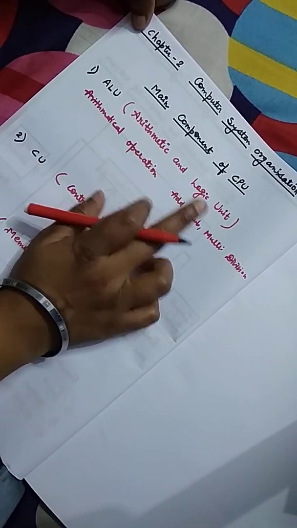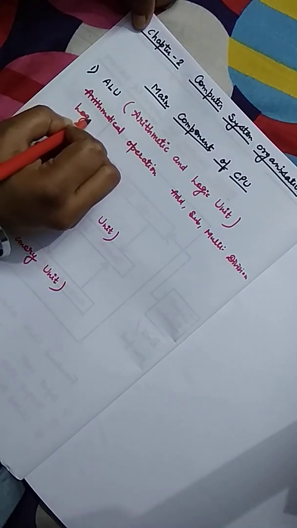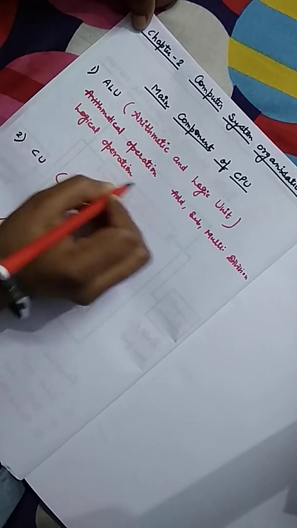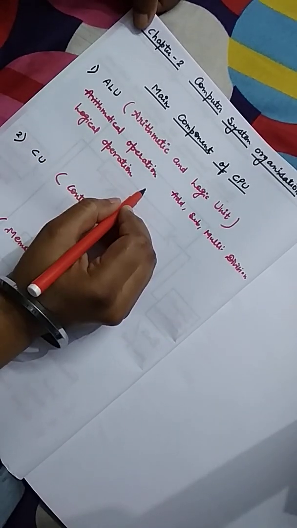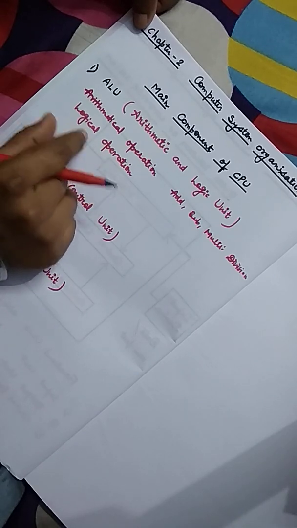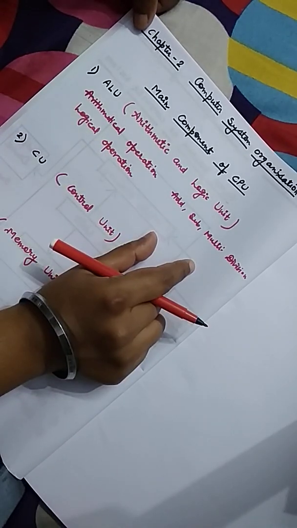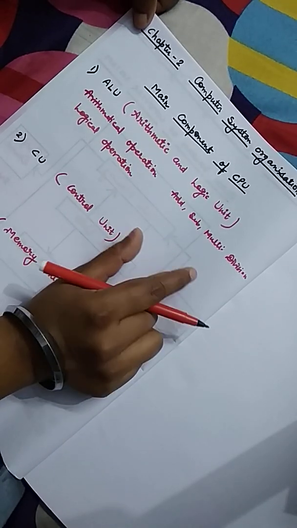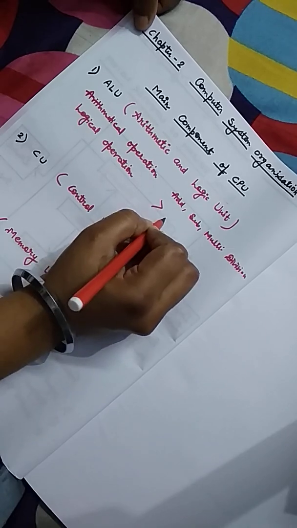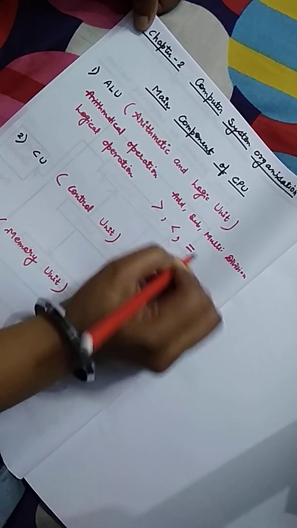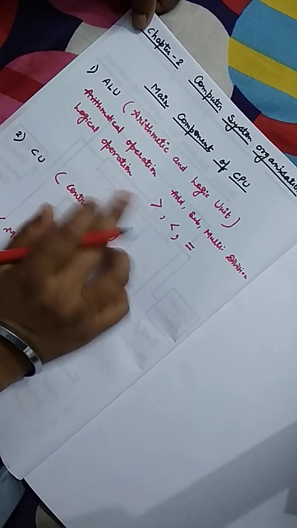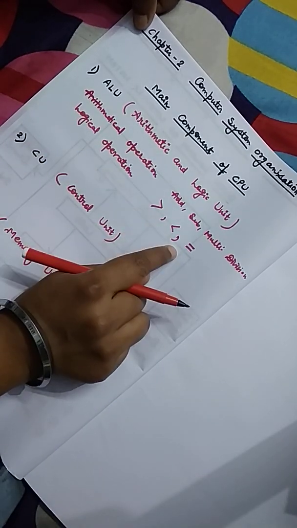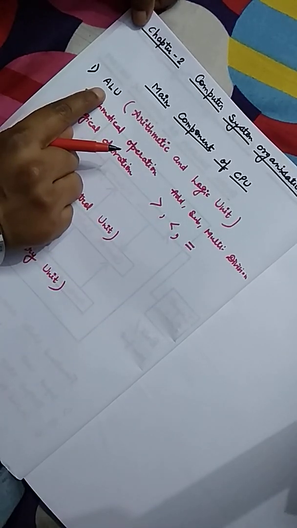And logical operations, that means the operations related to logical values, like comparison of two numbers, greater than, less than, equal to, or any logical type of operation like this, performed in the ALU.